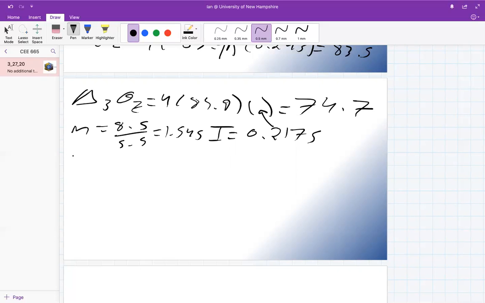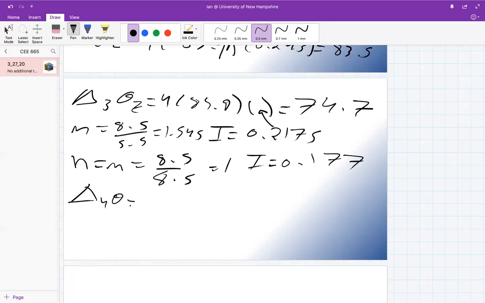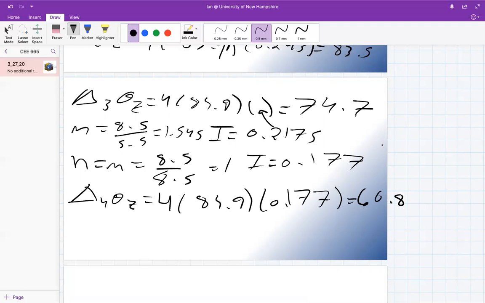And now n equals m, which equals 8.5 over 8.5, which equals 1. So I will equal 0.177. So for our fourth layer, we get 4 times 85.9 times 0.177, which equals 60.8. And these are all in kPa.